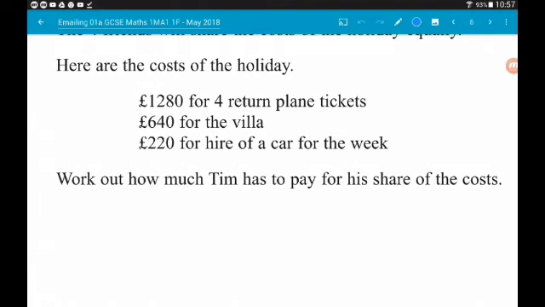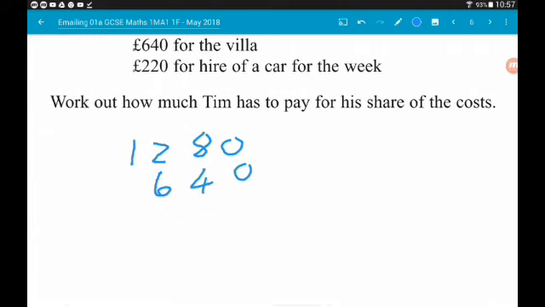So we're going to do 1,280 add 640. Now if you like, we could just add those together first of all, and then add on the third thing to that. So let's do that.